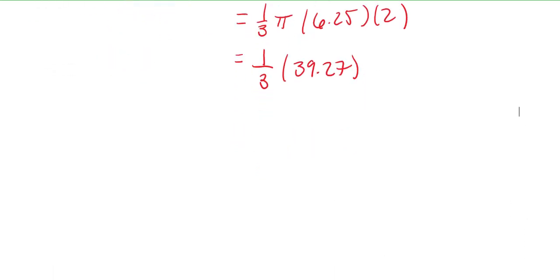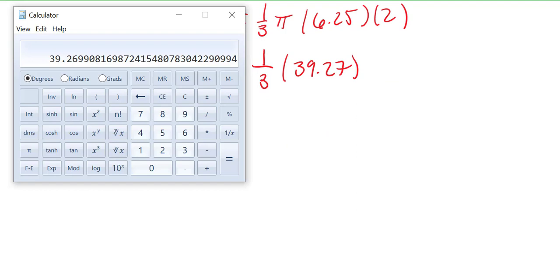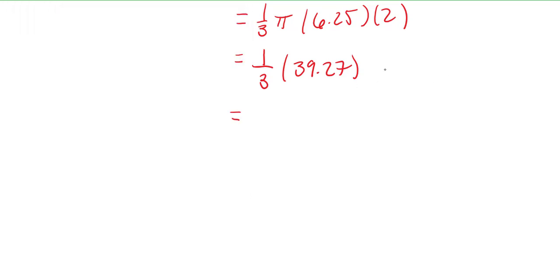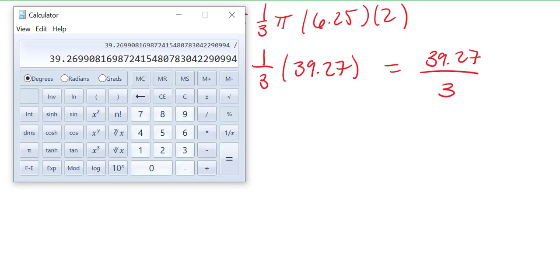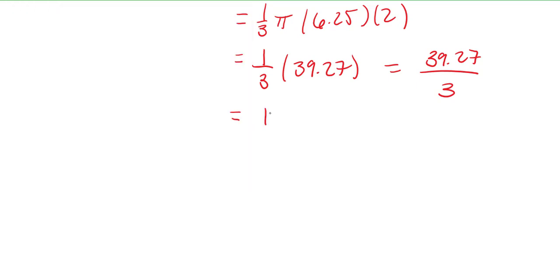Now let's just divide by 3, because multiplying something by 1/3 really means 39.27 divided by 3. Divided by 3, we get 13.09.